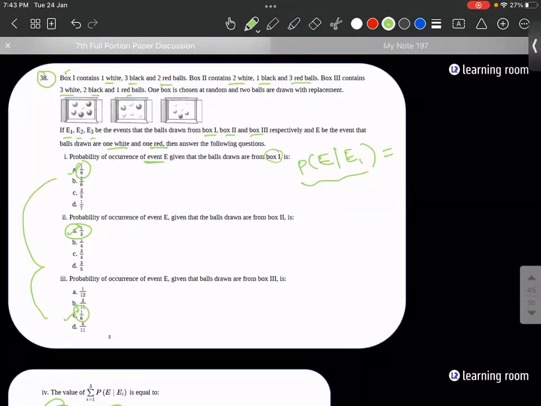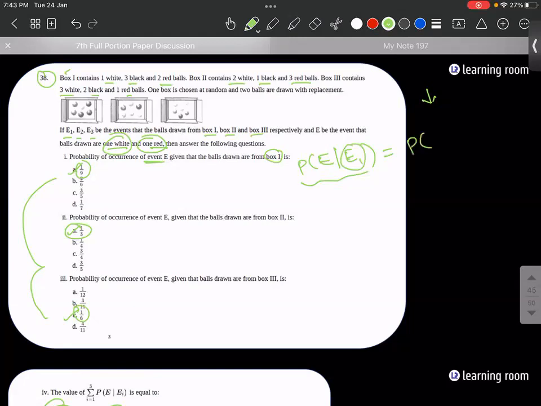Probability of E given E1 means they have told box 1 is given to you. So you are not choosing box 1, so you need not write that 1 by 3. For you to pick the white and the red ball, you need to first pick the box, but here you need not do it because they have told it is from box 1.